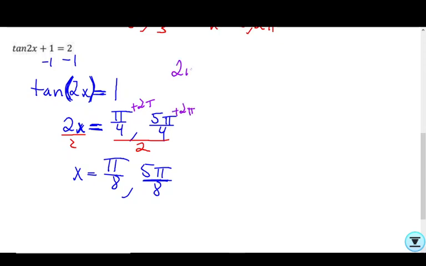Now 2 pi is the same thing as 8 pi over 4. So that's what I'm going to add to both of these. So pi over 4 plus 8 pi over 4 is 9 pi over 4, and 5 pi over 4 plus 8 pi over 4 is 13 pi over 4.